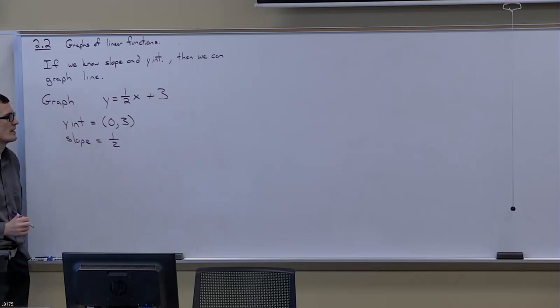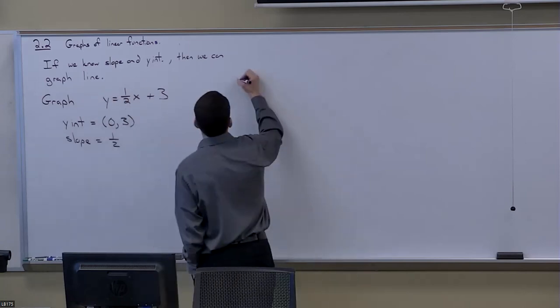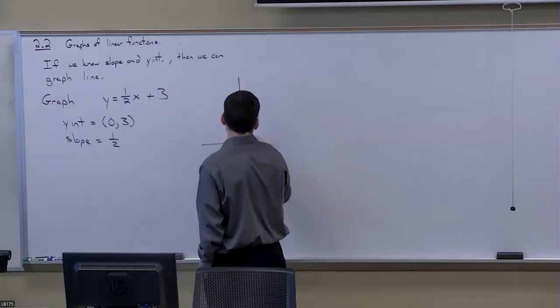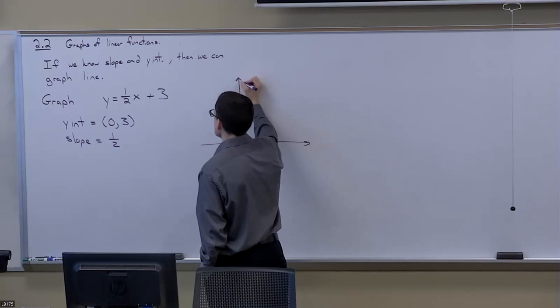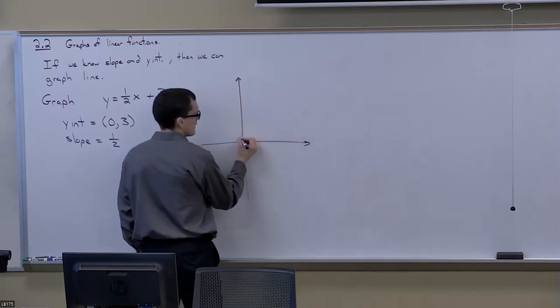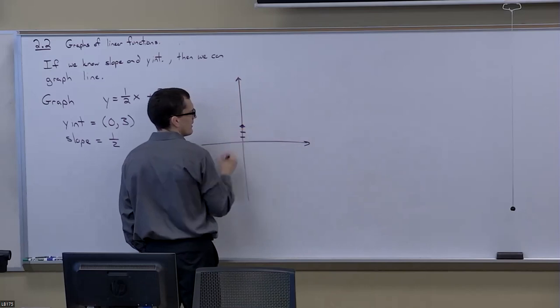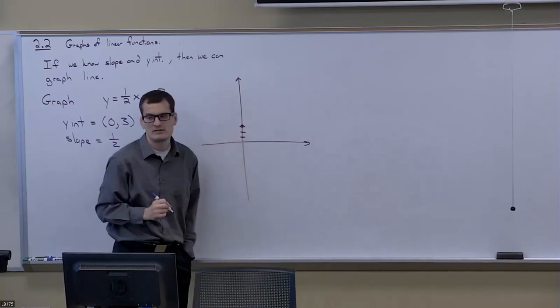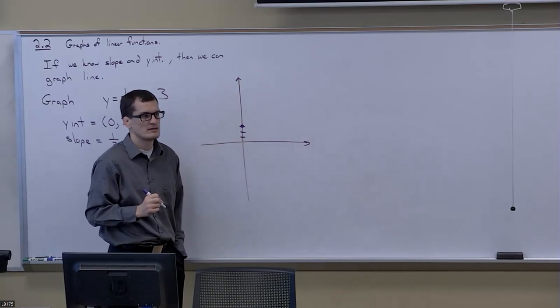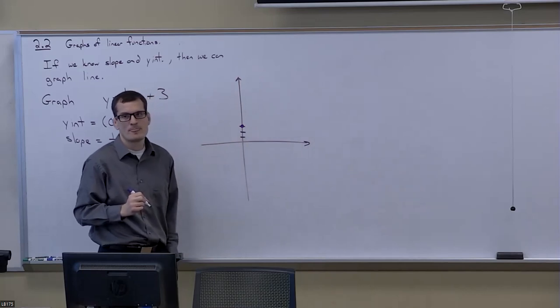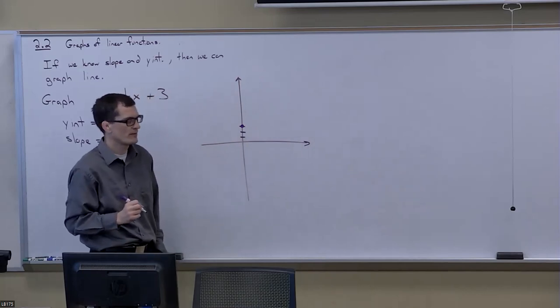And then you go over to the Cartesian coordinate plane, two dimensions. And you say, well, (0, 3) is right here. The y-intercept therefore is there.